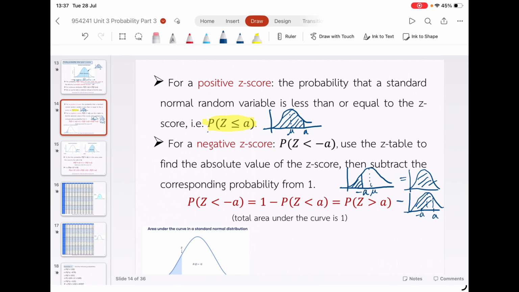You take 1, subtract the probability of P of Z less than A, and you get the tail area here, which is the same as P of Z less than minus A, because they are symmetric.